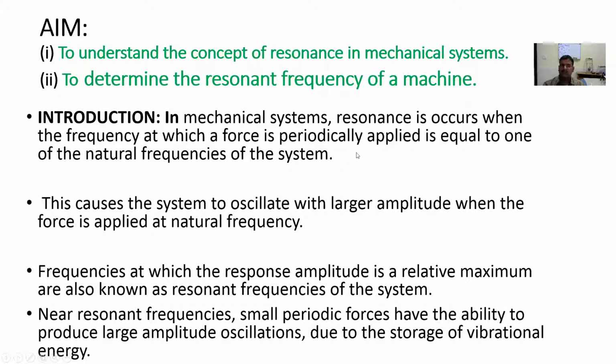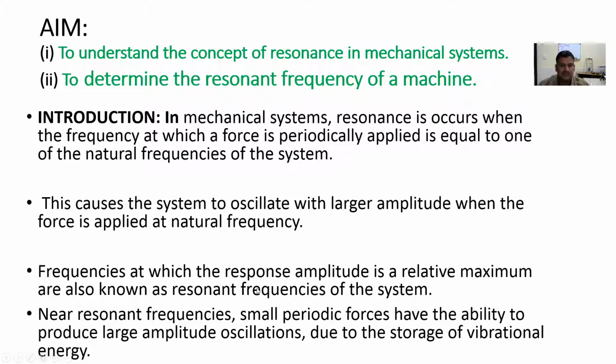Now, you know that in a mechanical system, resonance occurs when the frequency at which force is periodically applied is equal to one of the natural frequencies of the system. Usually it is the fundamental natural frequency, meaning the first natural frequency at which the system vibrates loudly.